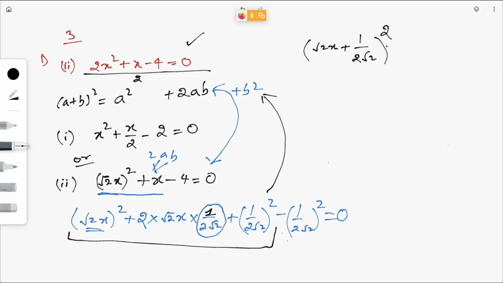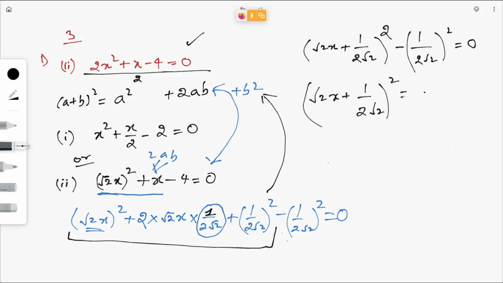So root 2x plus 1/2 root 2 whole square minus 1/2 root 2 the whole square is equal to 0. Root 2x plus 1/2 root 2 whole square is equal to, if you take this one here, 1/2 root 2 whole square.